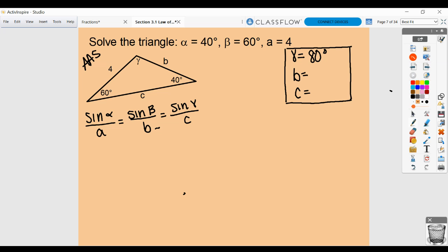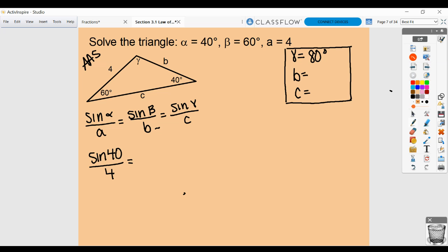And what I mean by the match is the angle and the opposite side that match together. So if you look, you have alpha and you have A. So this would be this first part of the formula. So you would have sine of 40 over 4.